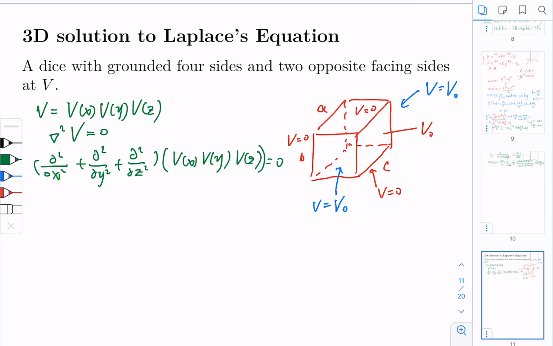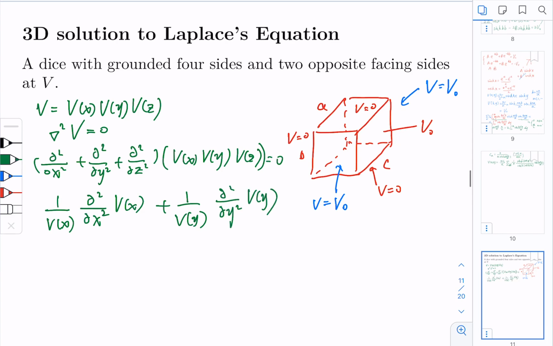now taking the same trick, that is, we simply divide the entire function by V, and so the first term becomes, and the second term is, the third term.